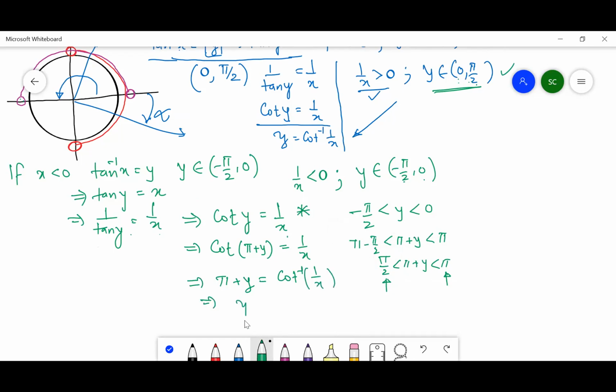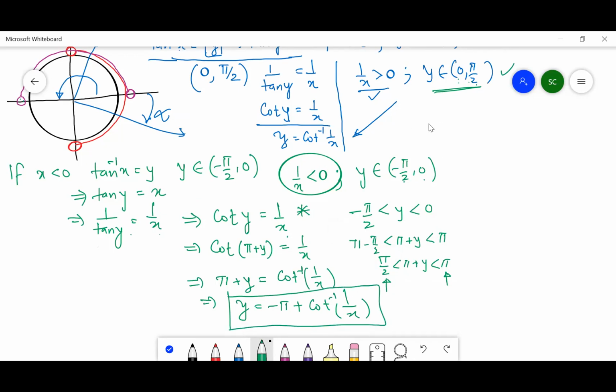That makes it y is equal to minus pi plus cot inverse of 1 upon x. So if x is less than 0, this is the answer. If x is greater than 0, this is the answer.